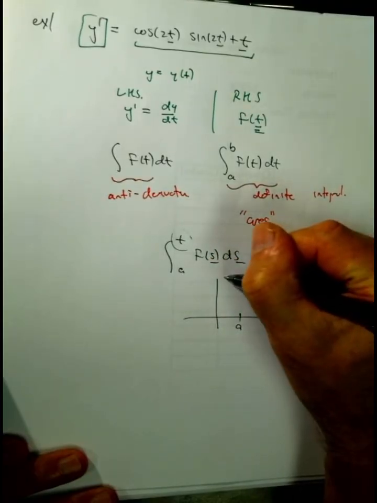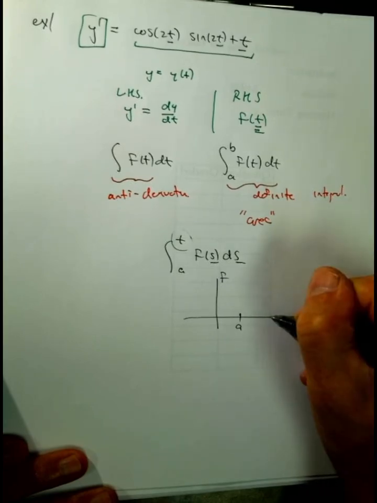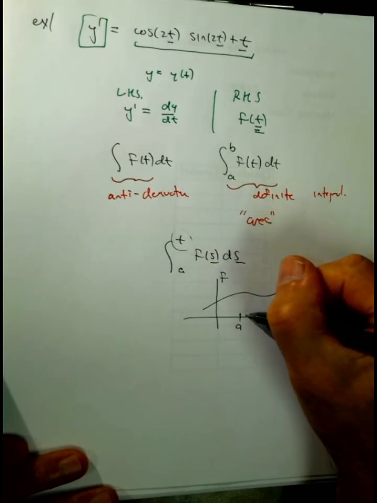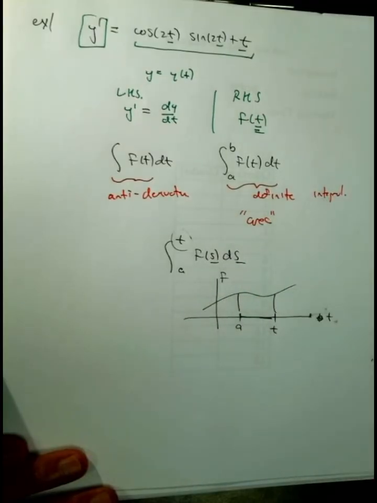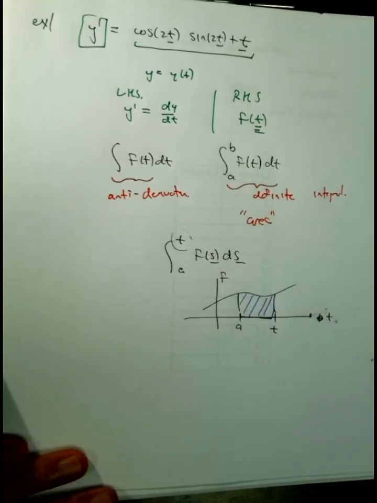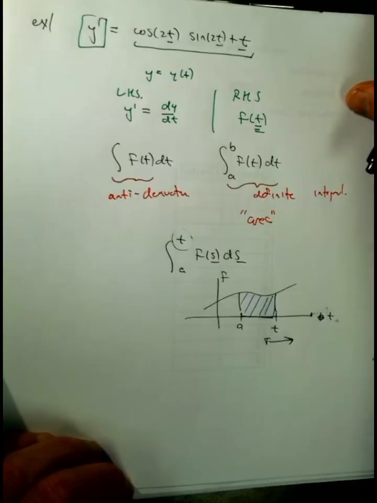This just means if I have some function f, let's go from some domain from a to t. What I'm doing is trying to find the area, or the signed area, under that thing, and as I change t, that area is going to change. So this is now a function of t.